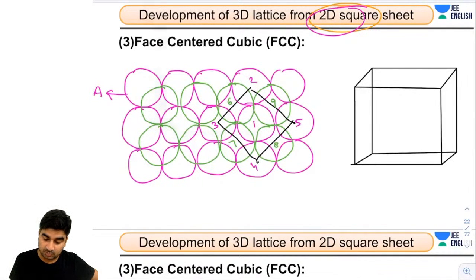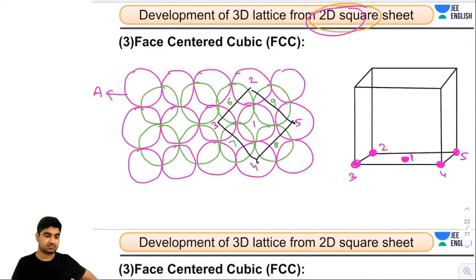So if this is the cube, now let me show you the pink colors. Here I have 1, 2, 3, 4, 5. Yes, guys, this is the one.